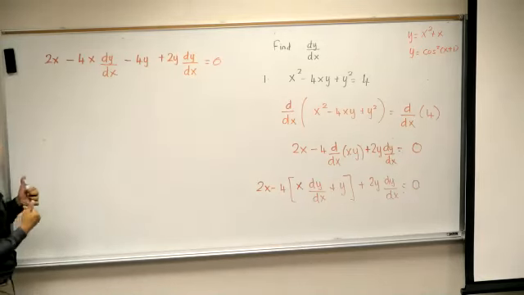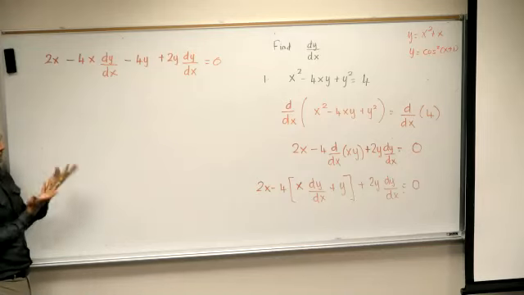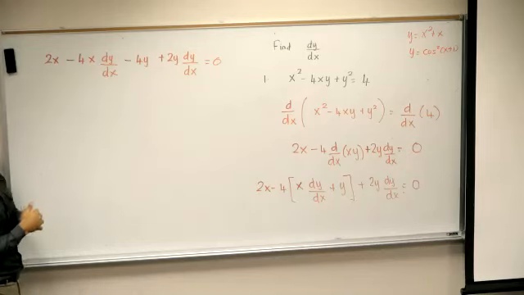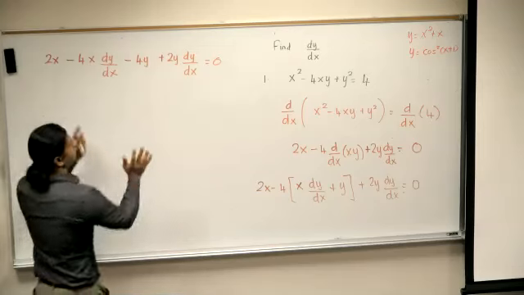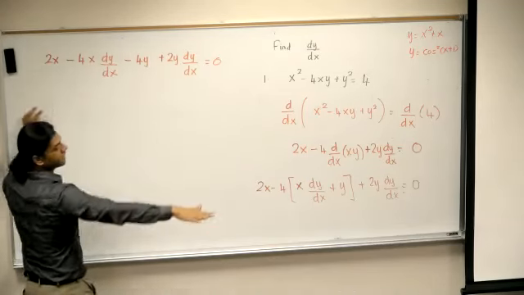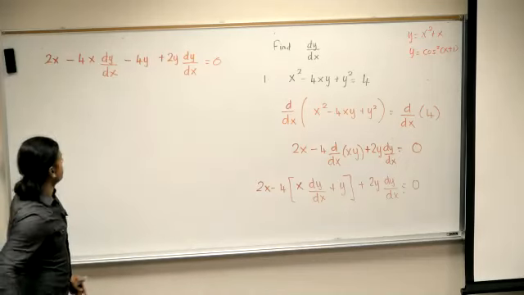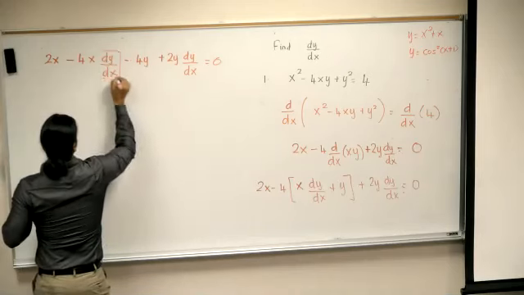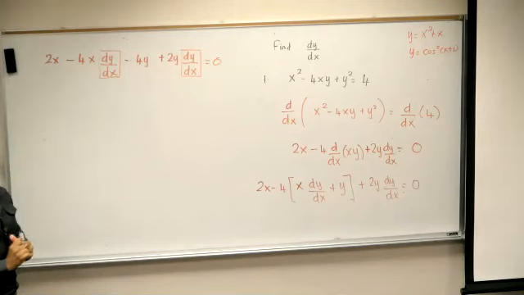Going back to algebra, if we want to solve for a variable and we've got a whole bunch of other terms, what do we do usually? Isolate, in the sense we keep the variable that we need on this side and move everything else to the other side. What we need here is dy over dx, because that's what we're trying to find.